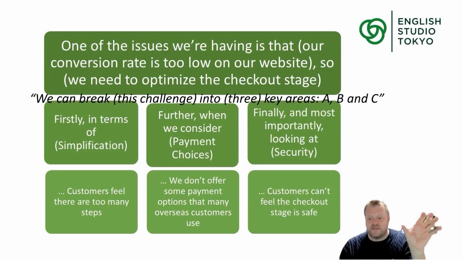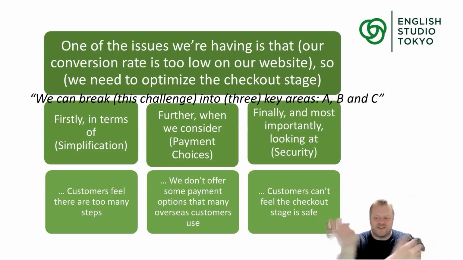So in terms of, when we consider, we can just change these. It doesn't matter the order. You could say, firstly, when we consider, further, in terms of, it doesn't matter. You can swap them around. Finally, and most importantly, looking at, and then that's my third one, security. So again, looking at, when we consider, in terms of, all of these are interchangeable.